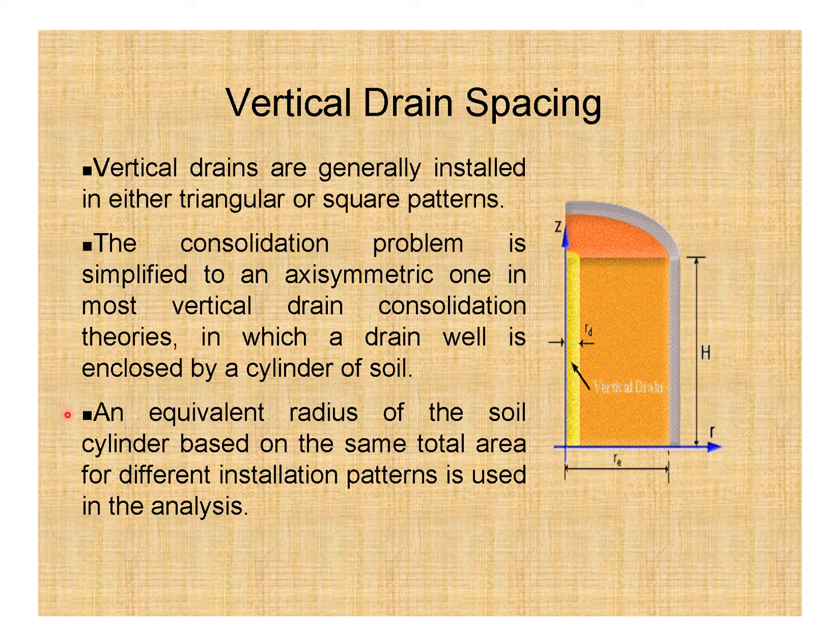An equivalent radius of the soil cylinder based on the same total area for different installation patterns is used in the analysis. So here you can see that this is the vertical drain which is being considered, and obviously we have the influence of this vertical drain in a circular pattern, and this is the radius of that influence circle.